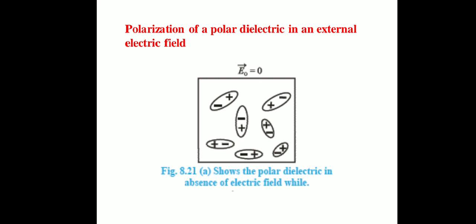Positive charge and negative charge are separated from each other. So there is always some finite distance between the negative charge and positive charge. So each single molecule has a permanent dipole moment.